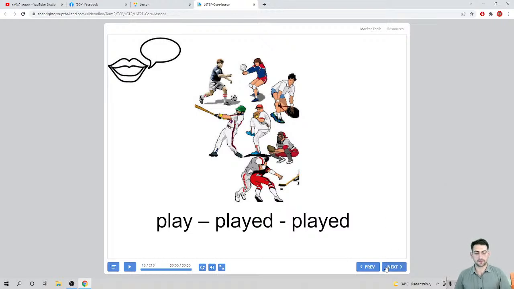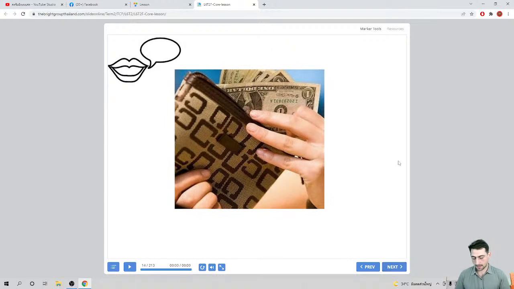Now let's move on to vocabulary word number 1. Can you remember what is in the first picture? When we buy things, we are basically spending money. What are the past forms of the verb to spend?